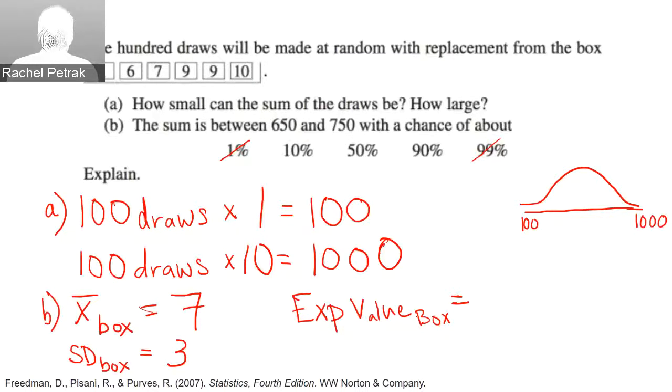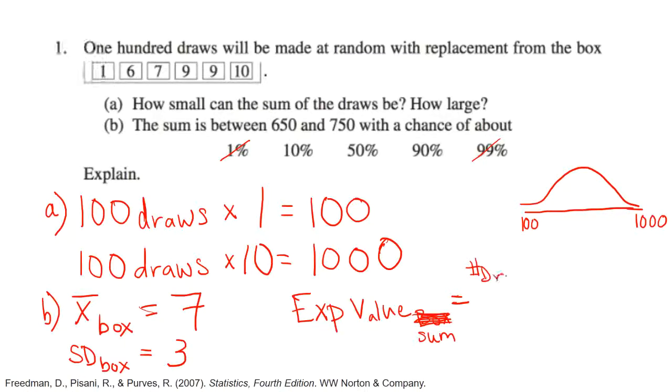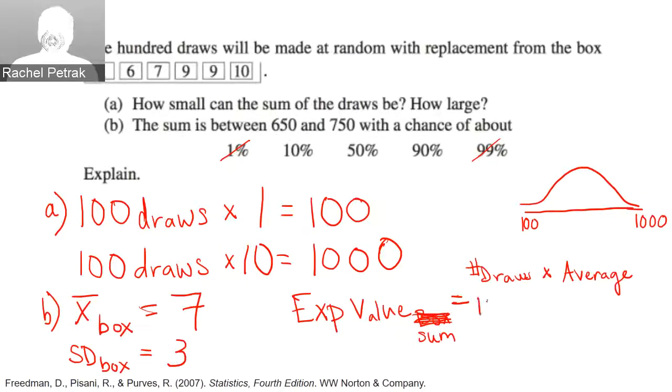My subscript doesn't really matter, I just like to be very precise. So we're getting the expected value of the sum. And the expected value of the sum is, remember, the number of draws times the average. So that'll be 100 draws times 7 for 700.